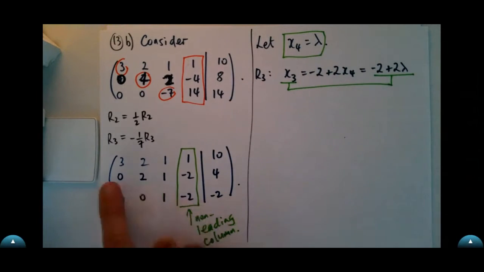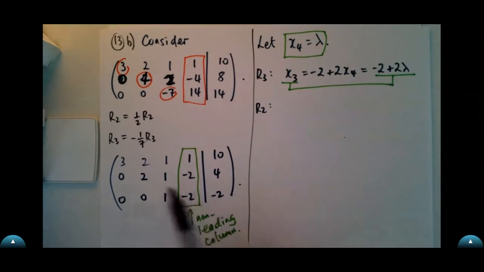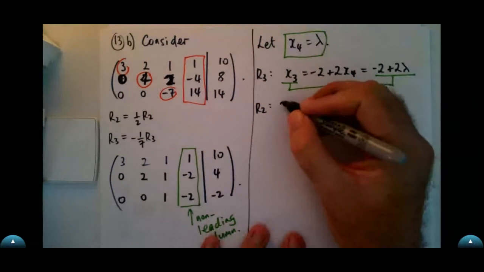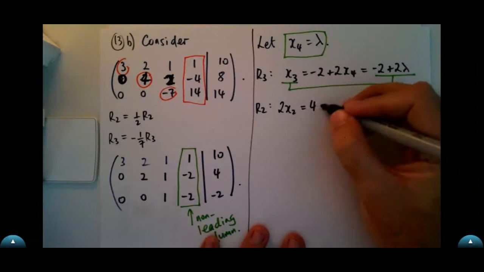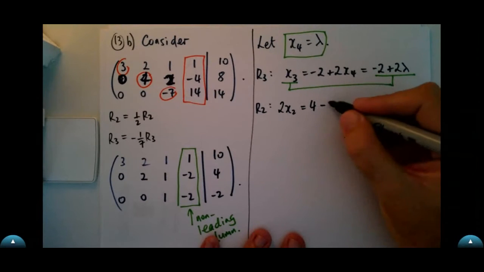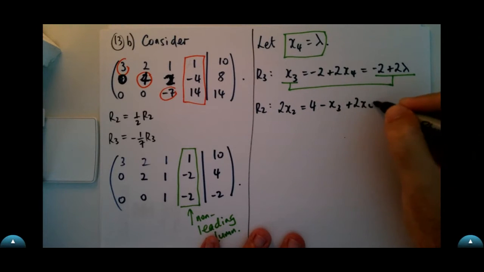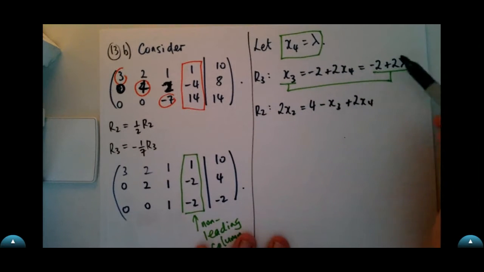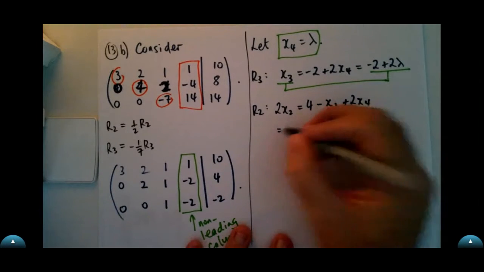Okay, so we've done that row. Let's go next to row 2. So that says 2x2 plus x3 minus 2x4 equals 4. So we can write it like this. And we will just substitute this in for x3 and this in for x4.